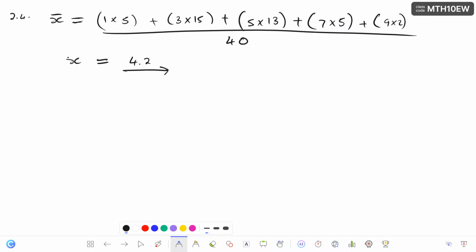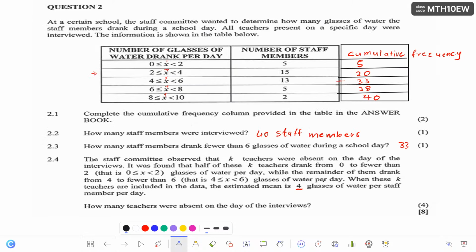So this is our mean. Now we need to go back. We are told that when those K teachers are included in the interval, the estimated mean is 4 glasses of water per staff member per day.